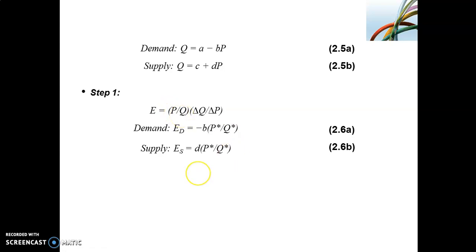Since we have these two sets of values, we can rearrange it to solve for minus B and D. So essentially we will, in our first step, rearrange these two equations such that minus B is on the left-hand side and D is on the left-hand side, given that we will have the information for our elasticities, coefficients, as well as our equilibrium price and quantity.